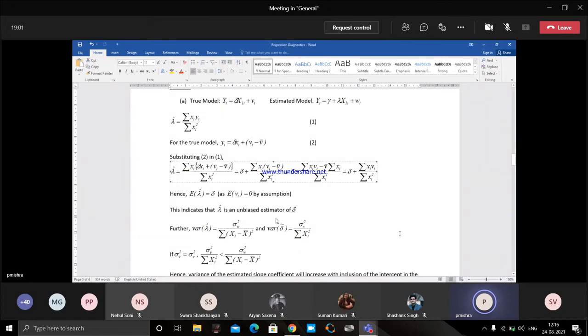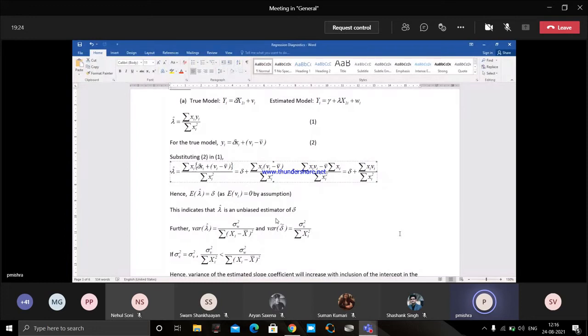So as far as the unbiased consistent estimator is concerned, from that point of view, we have no issue. There is no issue as such, because lambda hat appears to be an unbiased estimator of delta.